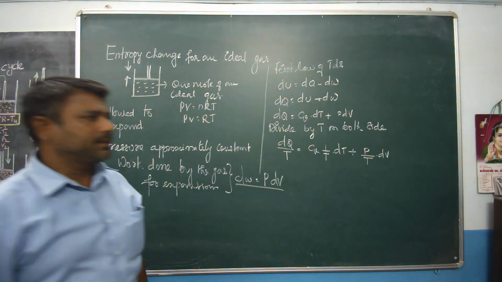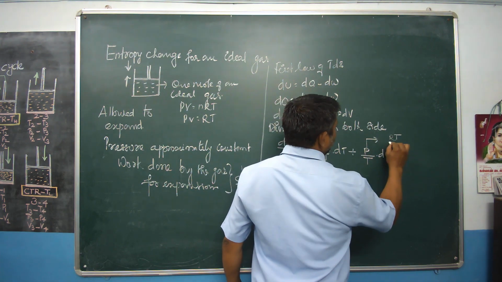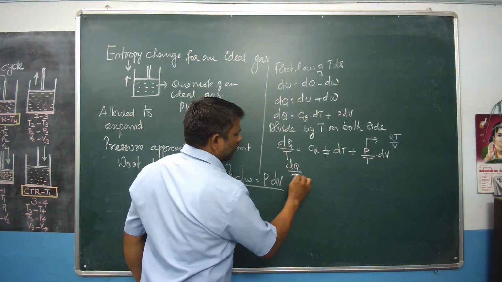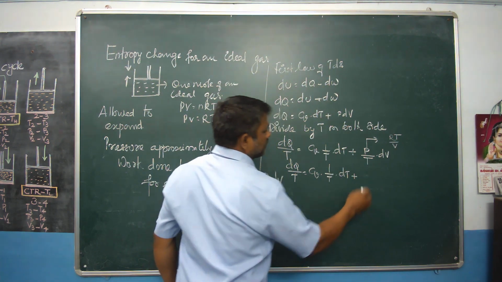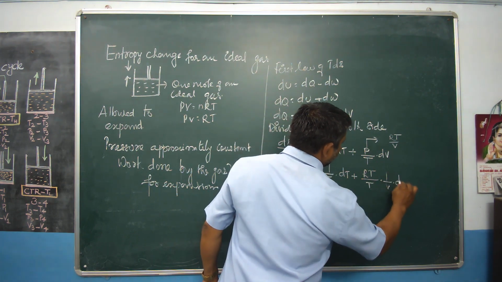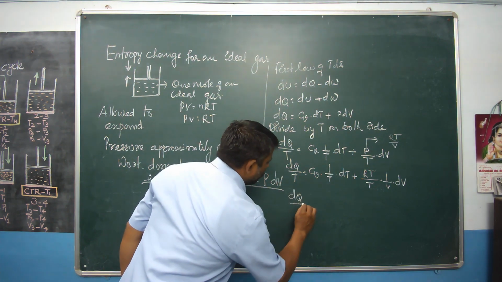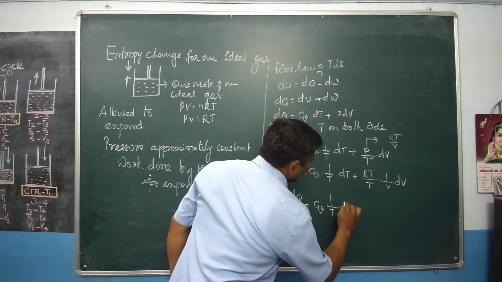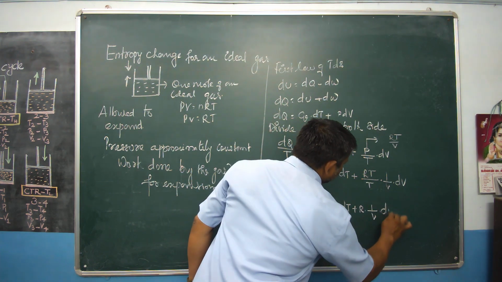Since it is an ideal gas, I am going to replace pressure in terms of RT by V. Again, dQ by T is equal to Cv into 1 by T into dT plus RT by T into 1 by V into dV. The final form is dQ by T is equal to Cv 1 by T into dT plus R into 1 by V into dV.